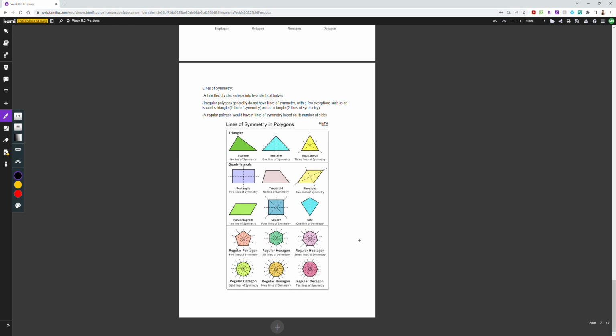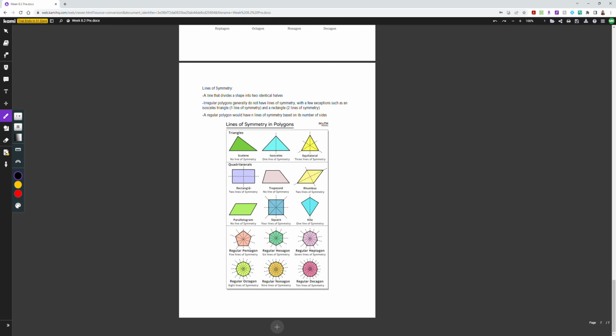All right. Now, a regular polygon has n lines of symmetry based on its number of sides. So let's look at this really handy table. For triangles, a scalene, because all the sides are different, will not have any lines of symmetry. An isosceles, down the middle, has one line of symmetry. And an equilateral, because it's a regular triangle, will have 3 lines of symmetry.